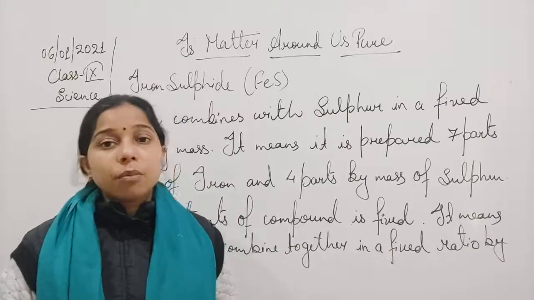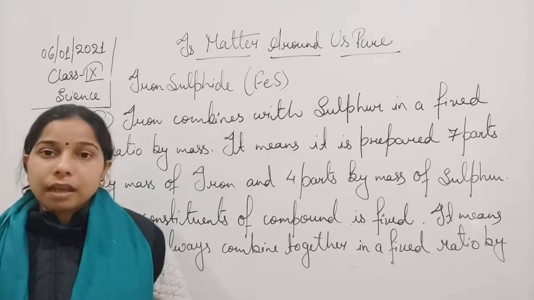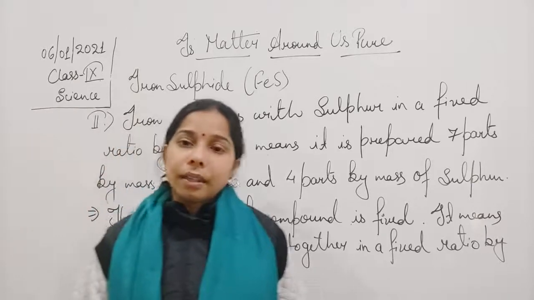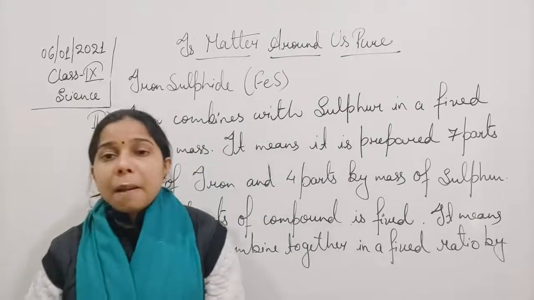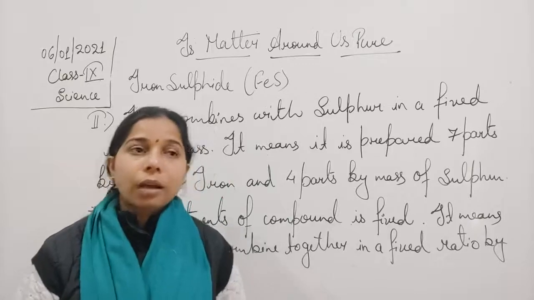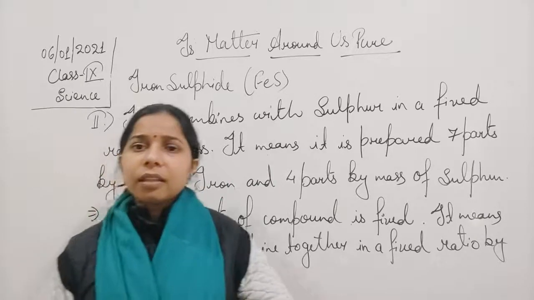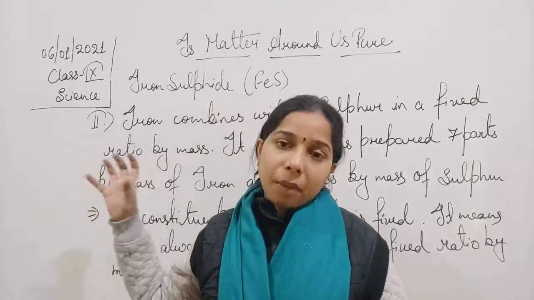Now if you move on to the next one, students, we know that when you take iron sulfide and try the magnetic separation method, or add dilute HCl or carbon disulfide, you find that none of the properties shown in the mixture are shown by iron sulfide.